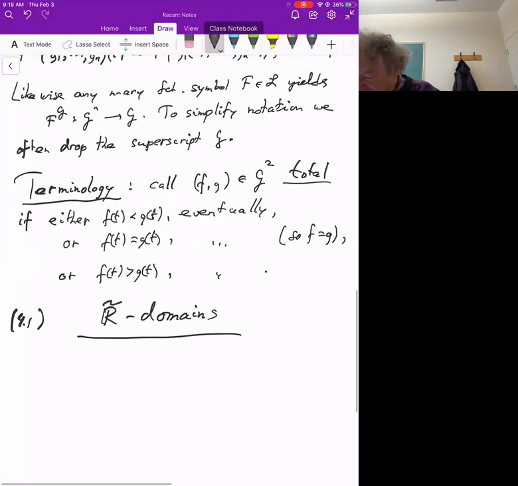Okay, so now we can introduce the analog of Hardy fields, although they are not necessarily fields, but only domains.